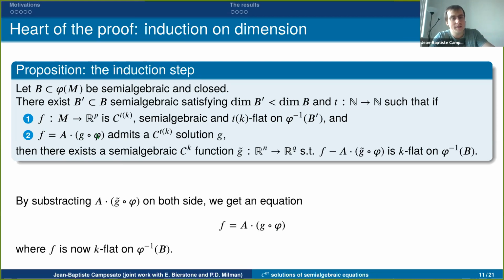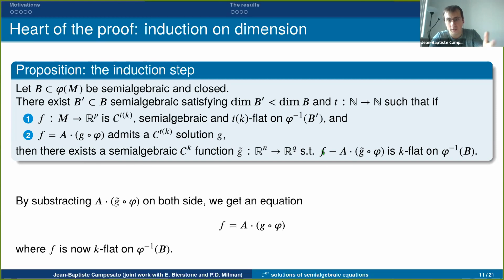And I'm going to construct a solution G tilde that is not only a solution of this equation at the level of values, but a solution at the level of the derivatives. So the derivative of the left-hand side up to a certain order will coincide with the derivative of the right-hand side up to a certain order.